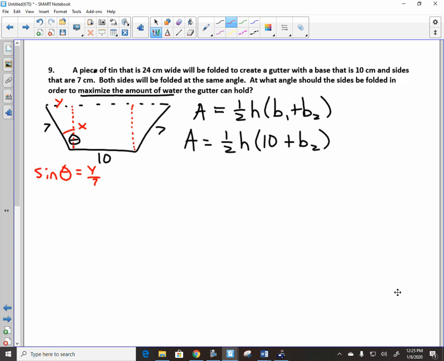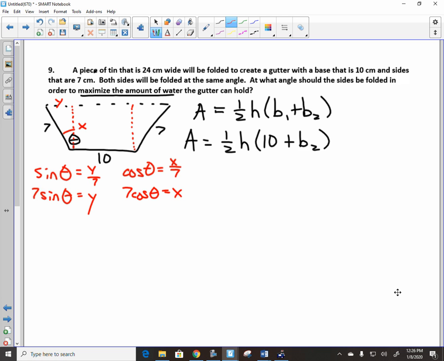If I multiply both sides by 7, I have 7 sine of theta is equal to y. Okay with that? Good. Can somebody give me a trigonometric expression that deals with x and 7 and theta? The cosine of theta is equal to what? X over 7, or 7 cosine of theta is equal to x.